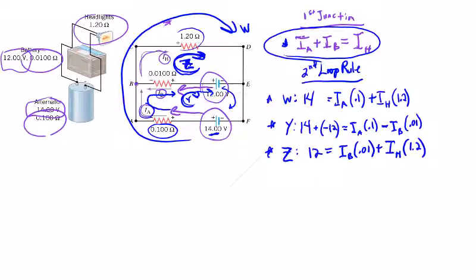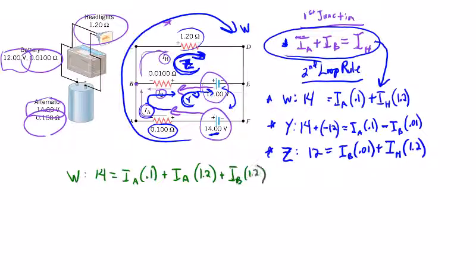What I really need to do is take this junction rule and do some substituting. Just for simplicity's sake, I'm going to substitute that IH is IA plus IB into the W equation. So that's going to make my new W look like this. It's going to be 14 equals IA times 0.1 plus IA times 1.2 plus IB times 1.2.